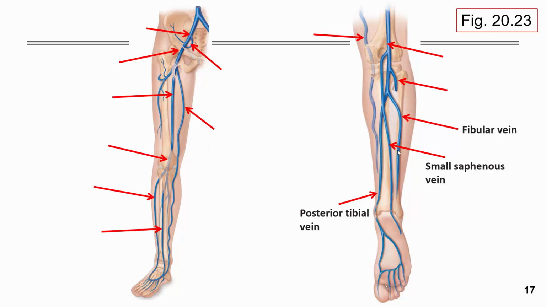The fibular vein along the lateral portion of the leg will drain blood from the lateral tissue of the lower leg.